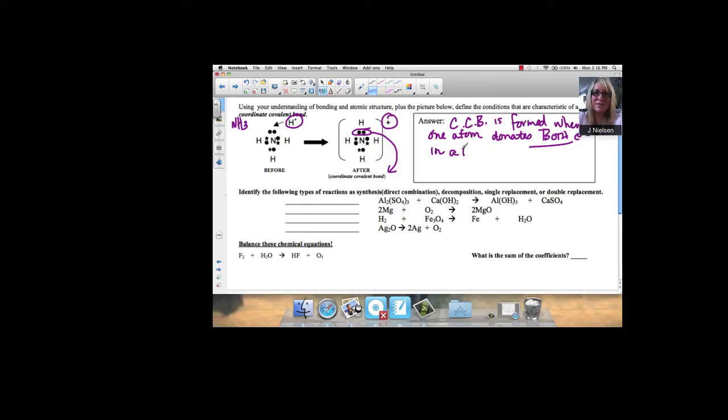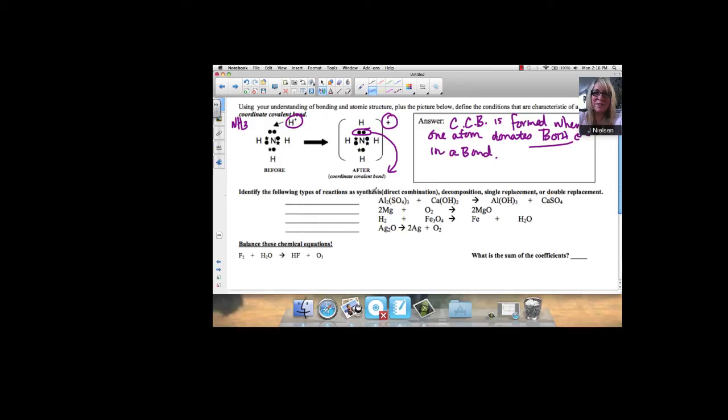Normally, each element brings 1 electron to share in a bond. Here, both electrons were provided by N, and the 4th H gave up its electron when it joined the structure.